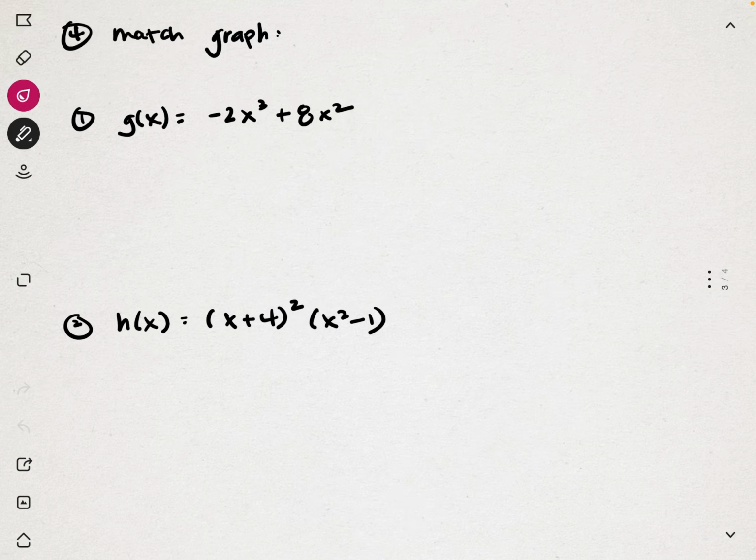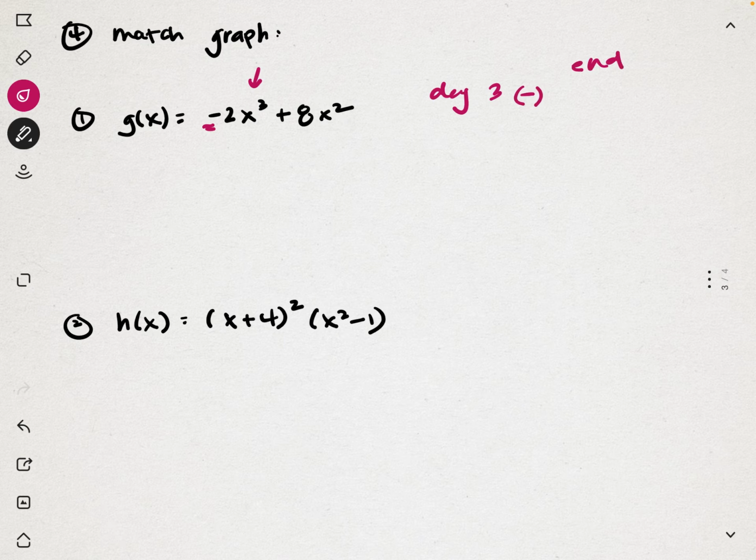Okay, number 4 is asking us to match the graph, but we're just going to talk about what we're looking for when we're matching the graph. So notice for this first one, this is degree 3, and we have a negative leading coefficient. So we know the end behavior, right?